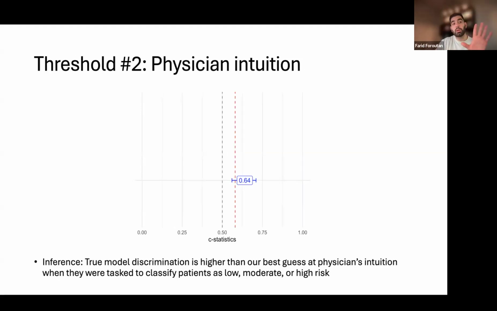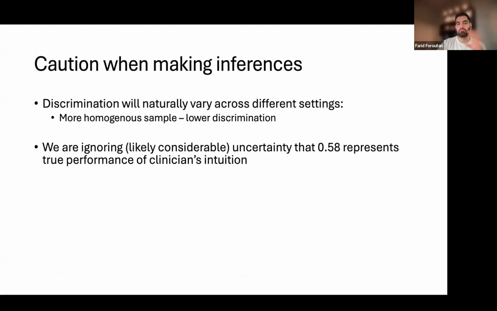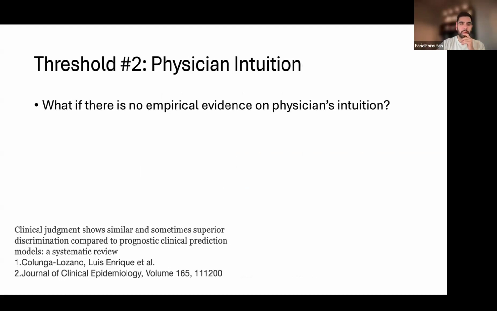But if you just want to comment on whether or not CHA2DS2-VASc has satisfactory discrimination, using physician intuition as a threshold for what could be potentially satisfactory, it's a satisfactory discrimination, not making comparisons. And we can talk around that a little bit.